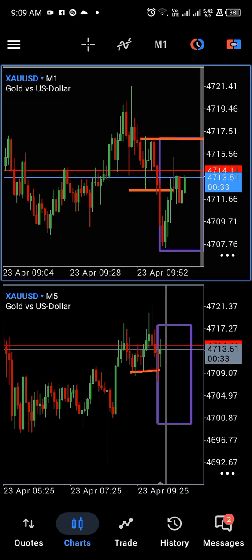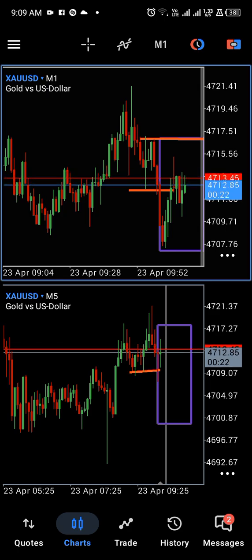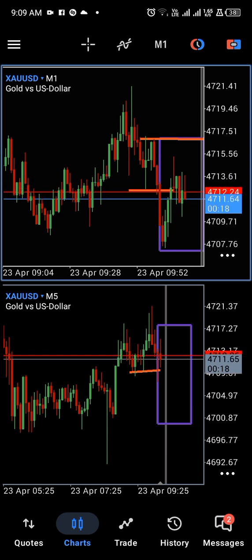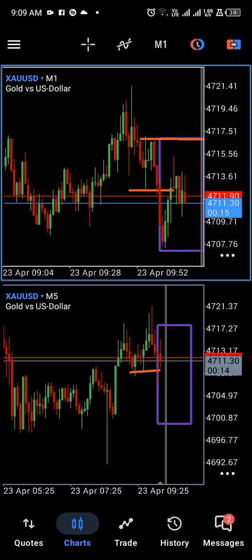Do you understand it? That will specifically mean sellers came in and closed bearish, but buyers overpowered them, they oversized the candlestick of sellers, they closed above it.